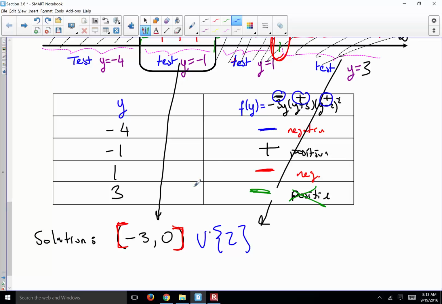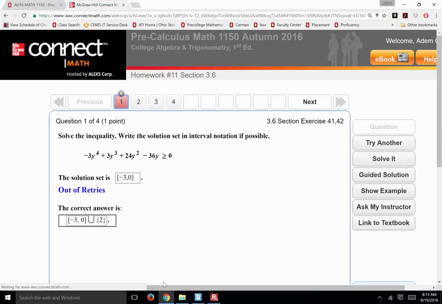Okay? Because 2 is a single point, you just need to list it in set parentheses. Set parentheses like this. Okay? So I got 0 credit on this question unless I try another one.